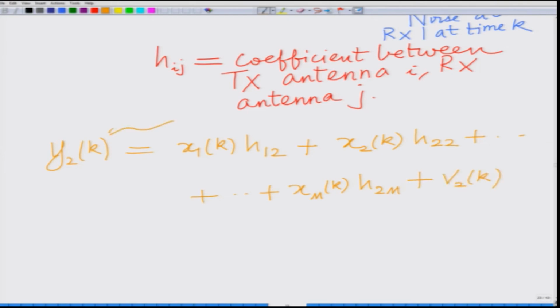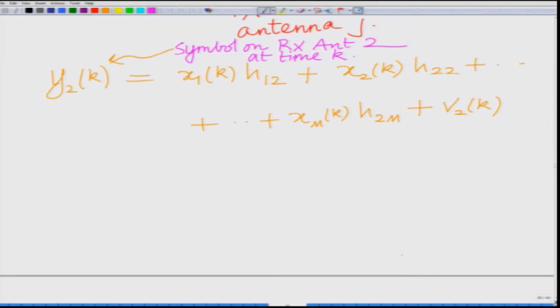Remember, this y2k is the symbol on receive antenna 2 at time instant k.